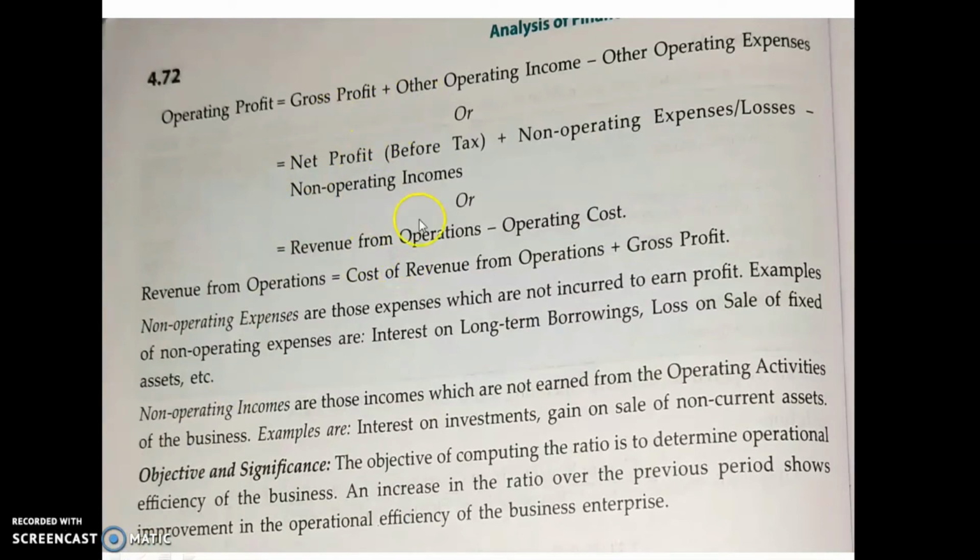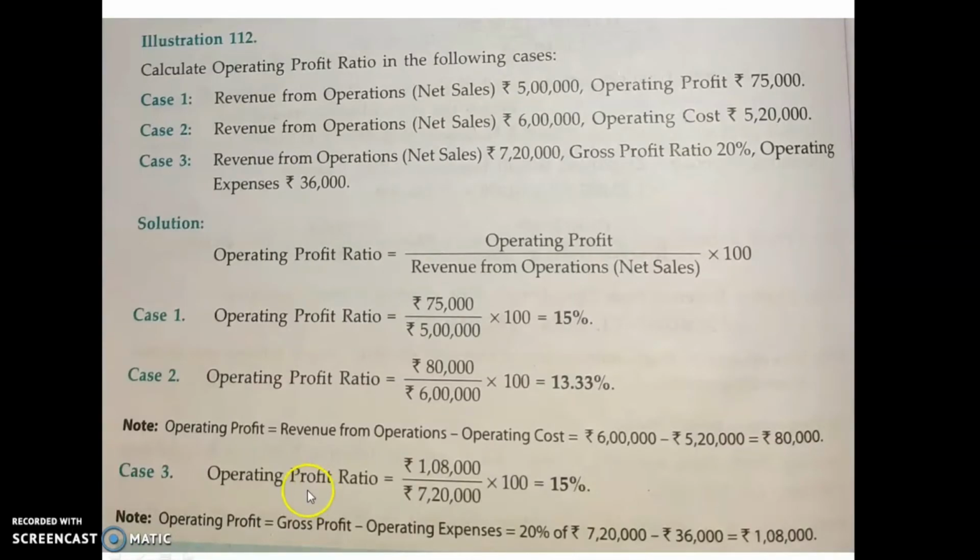So these formulas will help you to get the answer. So operating profit is equal to gross profit minus operating expenses. So from your profit, if you subtract your operating expenses, you will get operating profit.